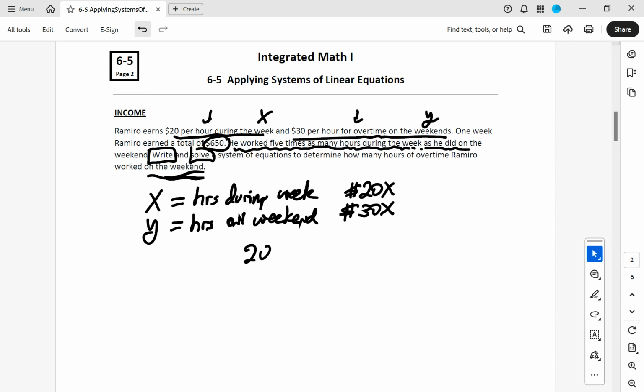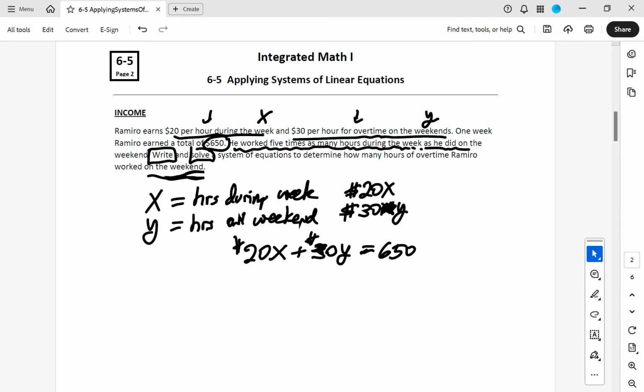So let's put $20 times however many hours, plus $30 times however much it is on the weekend, the y. Oh, I put an x here and it should be a y. So here, 20x plus 30y is equal to the $650.